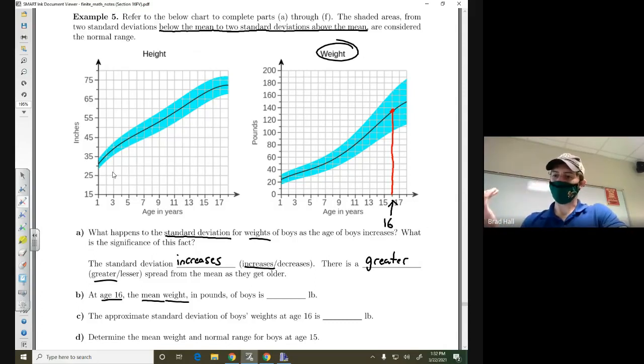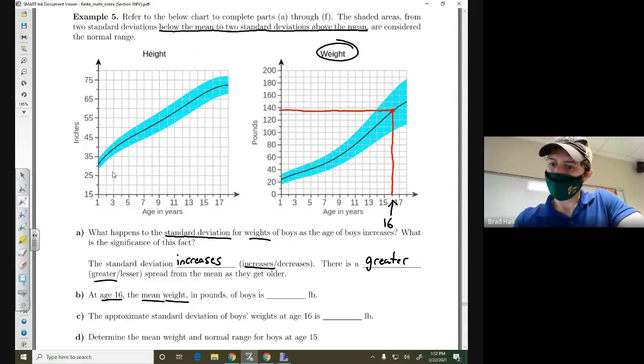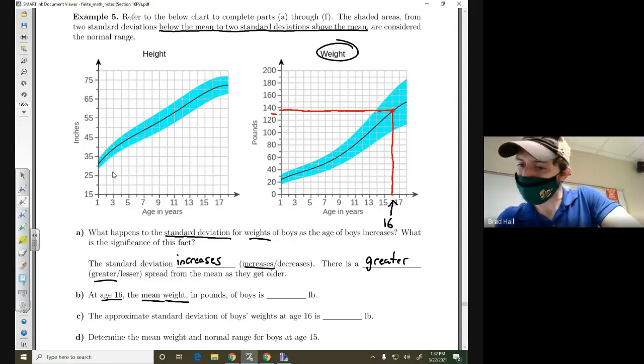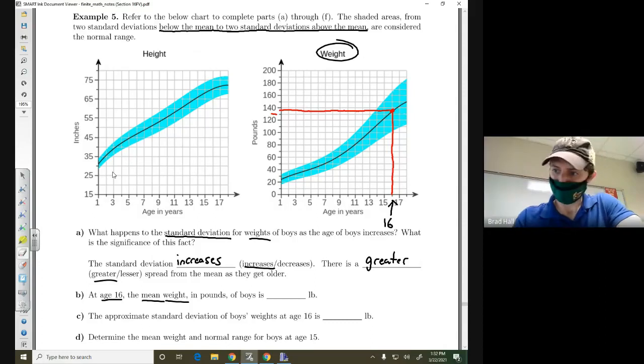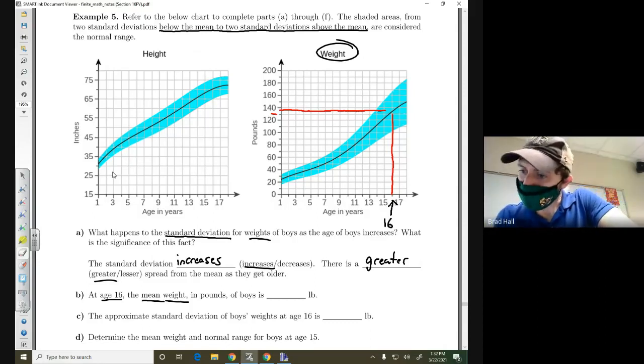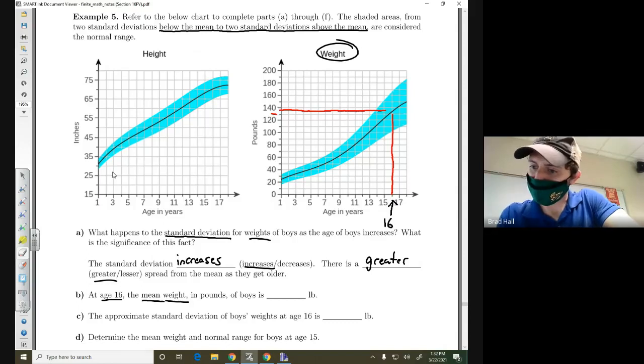So you kind of have to interpolate, which means you have to kind of guess. So let's see, if we go over here, that's about 130. So that's 140, 130. From my perspective, that was 130, 132.